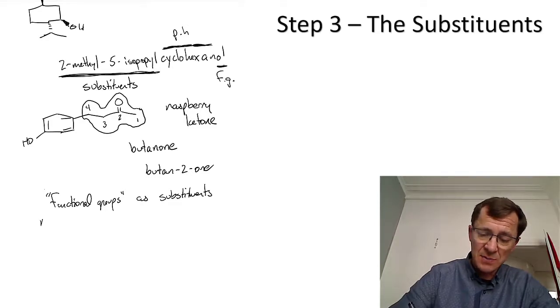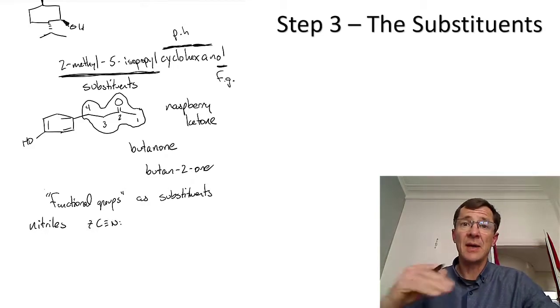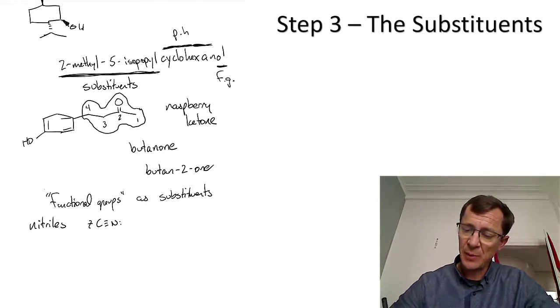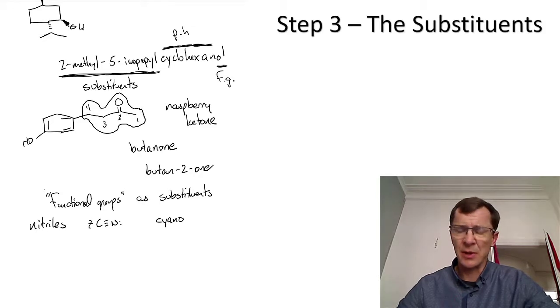Stuff like nitriles, which is CN, again, that squiggly line means that it's the point of attachment of the functional group. That would be called a cyano group. If it was the functional group, it would be a nitrile. But if it's a substituent to a molecule that has a higher priority group, we would call it cyano.